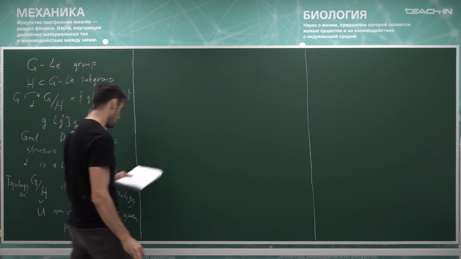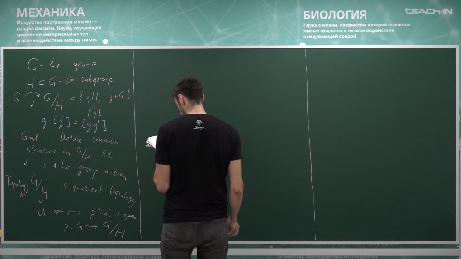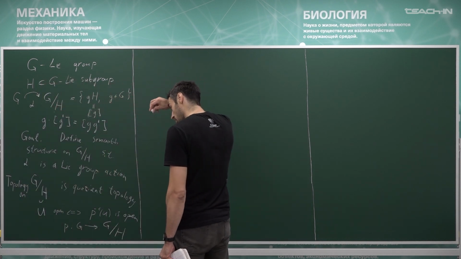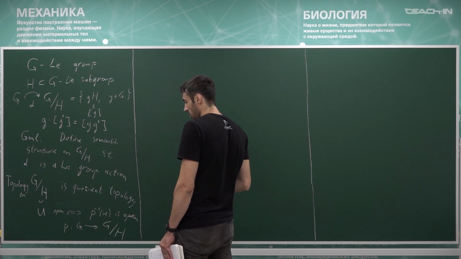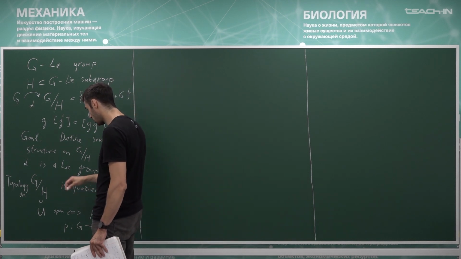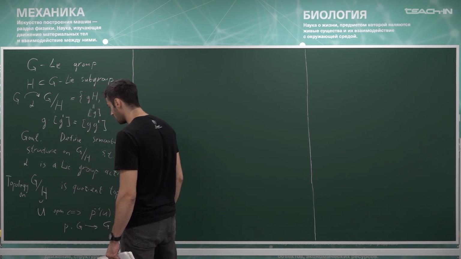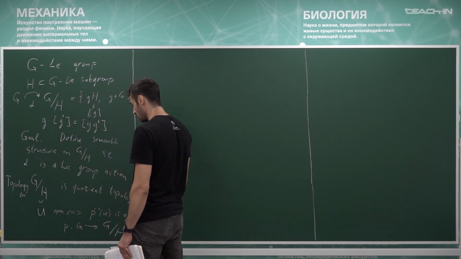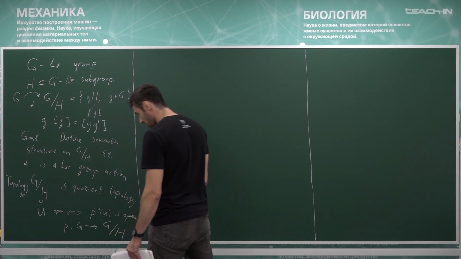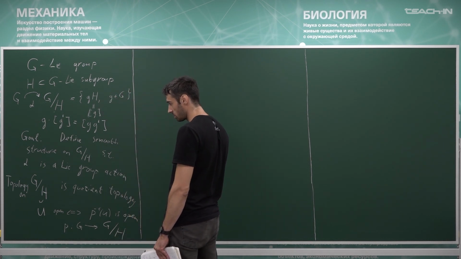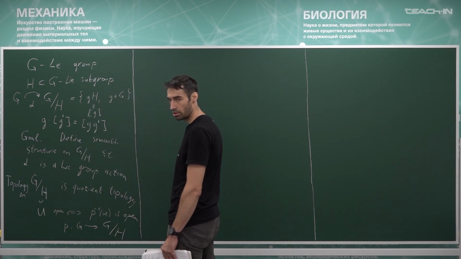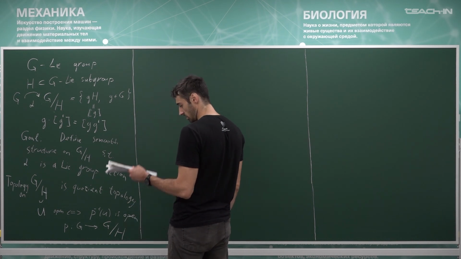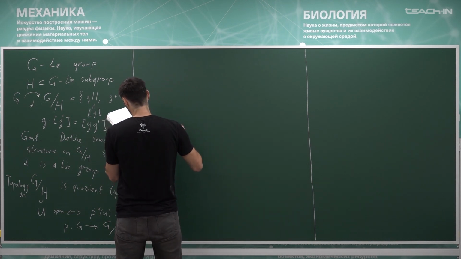Right. And with this topology, we at least would like to see that this topological space has the necessary properties to be a manifold. So a manifold as a topological space should be Hausdorff and second countable. So let us prove it.